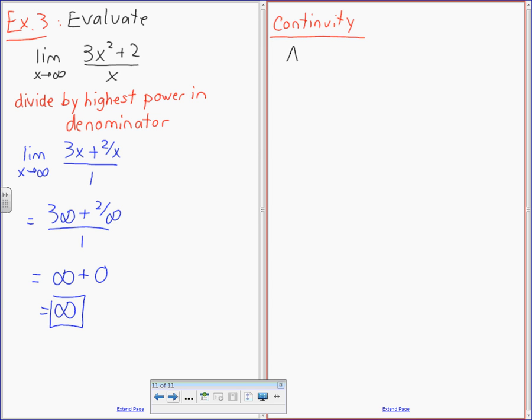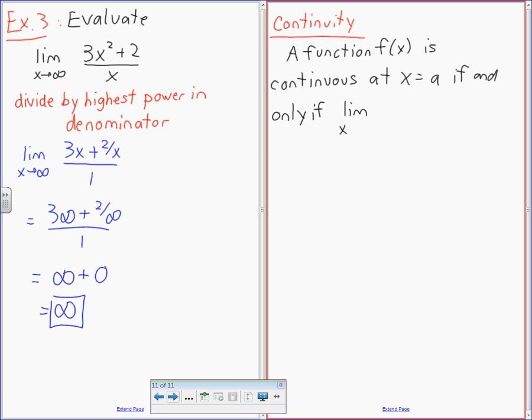We're going to say a function f of x is continuous at x equals a if and only if the limit as x approaches a of f of x equals f of a.